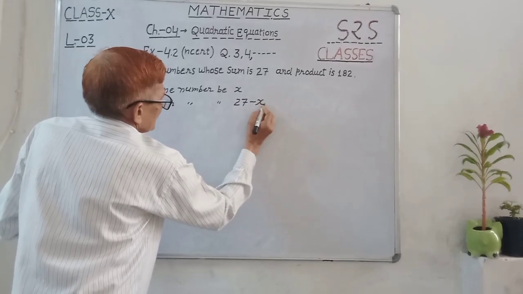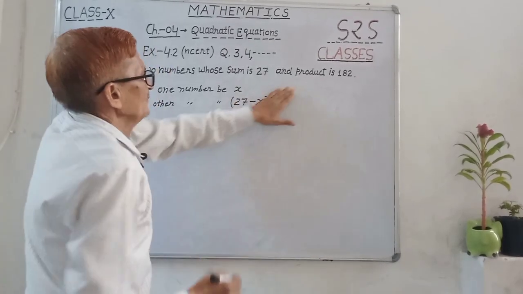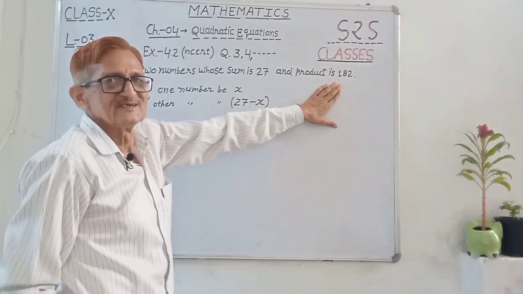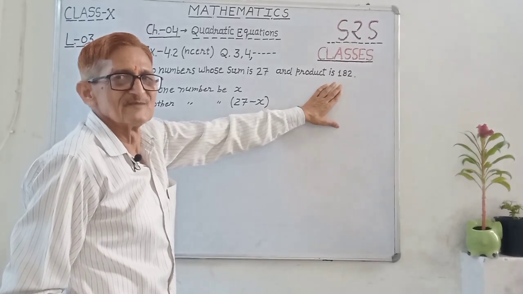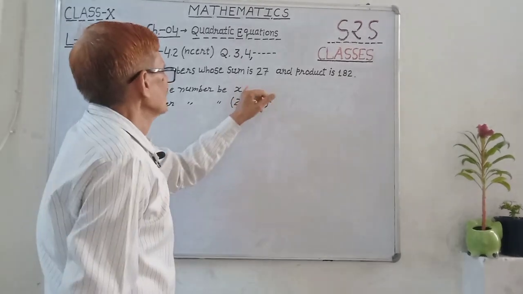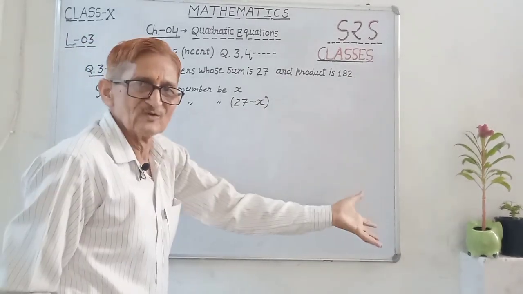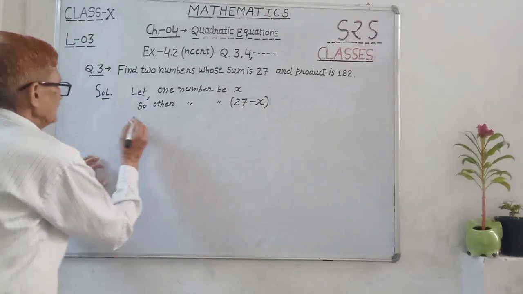Now the second condition, we have to make the relationship equation for the product given. Both numbers' product is 182, so x multiplied by 27 minus x is equal to 182; multiplication result is called the product.